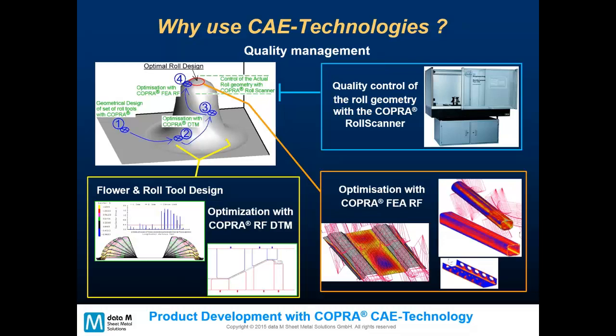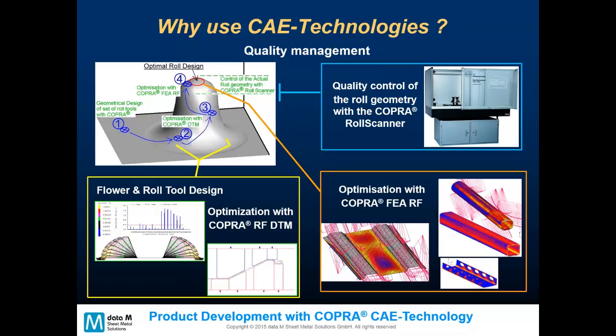Before we then move on to optimization with COPRA FEA-RF. And then subsequent to this, we can also, as I mentioned earlier, scan our old geometry with the roll scanner to validate that geometry to make sure it 100% reflects the designed roll tools, and thus removing an additional potential problem when at the machine.